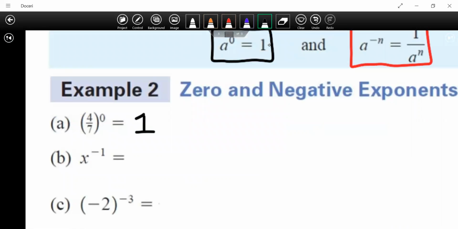No matter what it is, as long as the base number is not 0, if it's raised to the 0 power, it's always going to be 1. The next one we see here is x to the -1. So what I would do is change it to a fraction, 1 over x to the first. Anything raised to the first power is just by itself, so this is just going to be 1 over x.